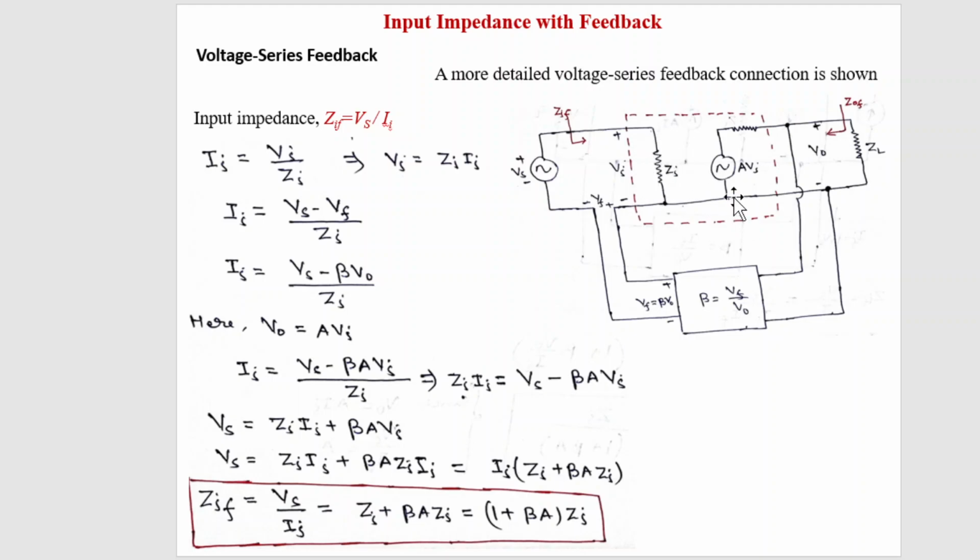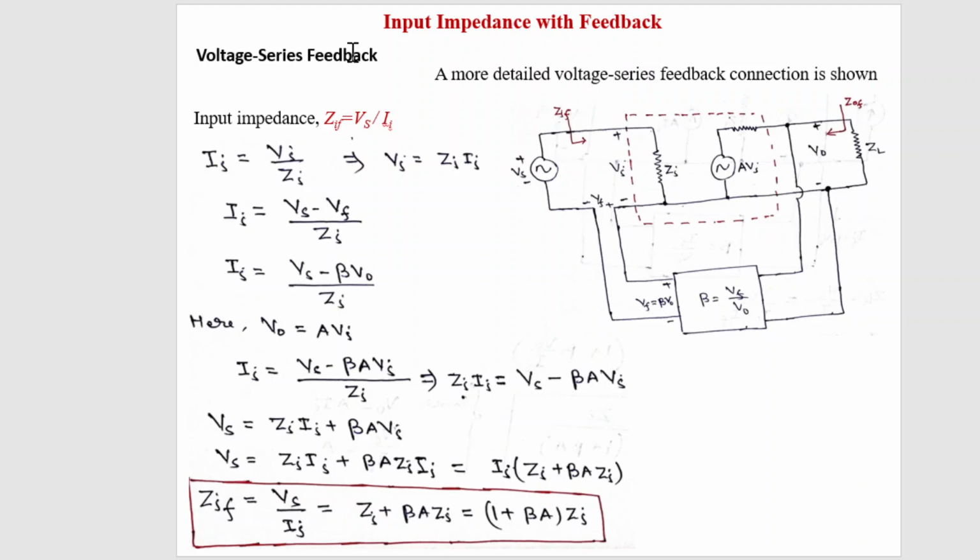When feedback is there, I have plotted with a dotted red color, that is input impedance with feedback, Zif. So there will obviously be some current flowing. That current II, if you multiply II with Zi, will give Vi. Okay, that is the idea.